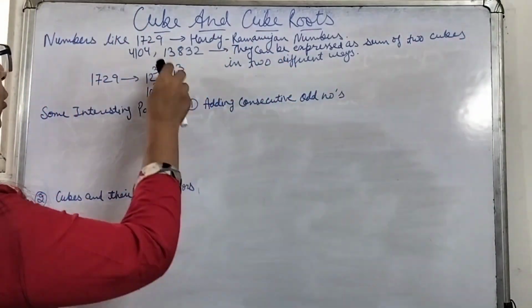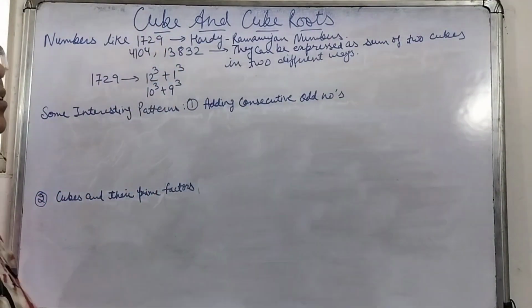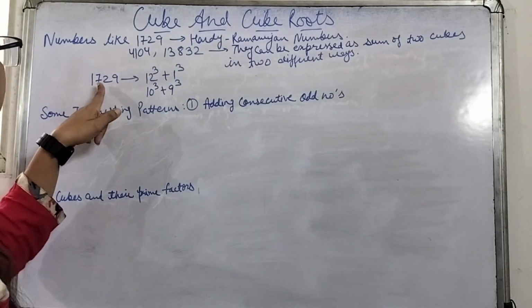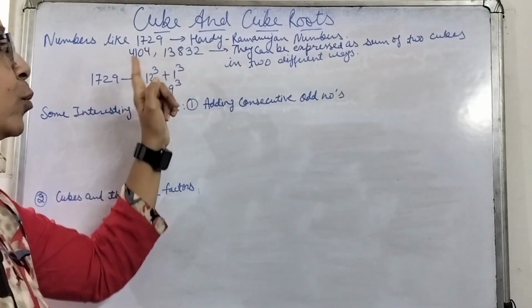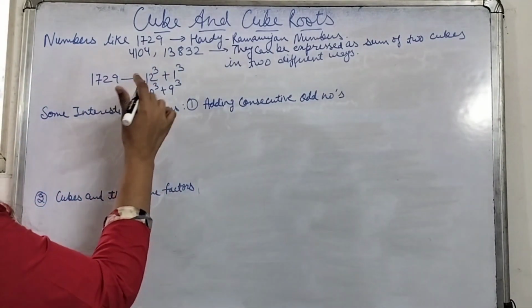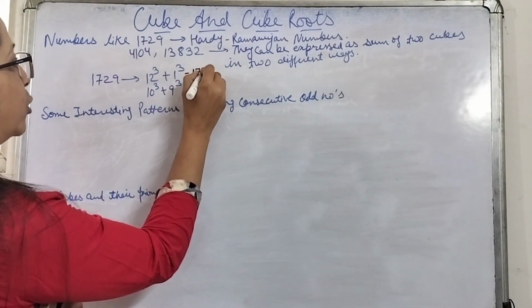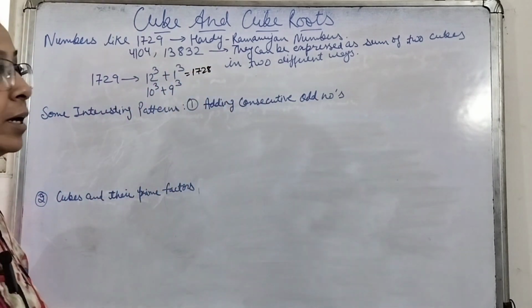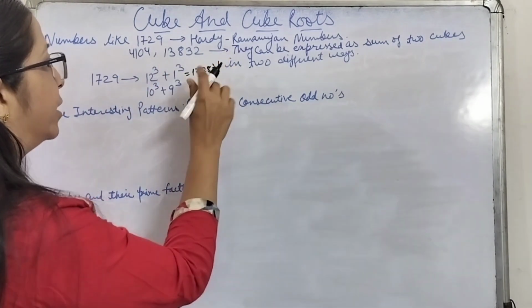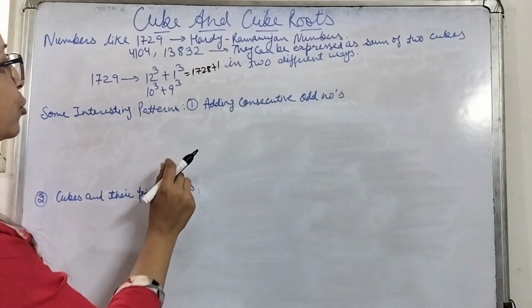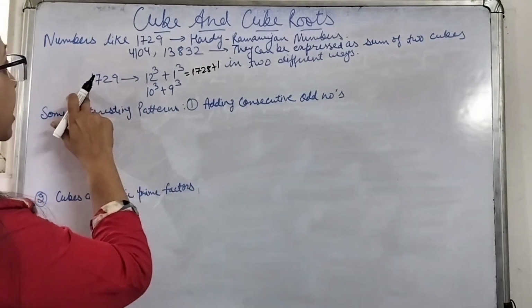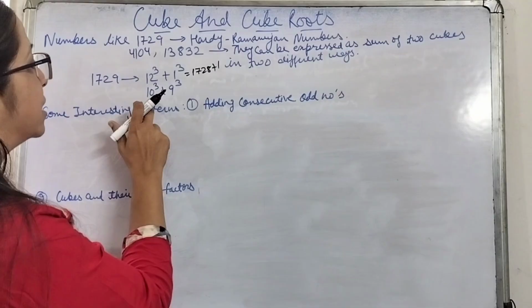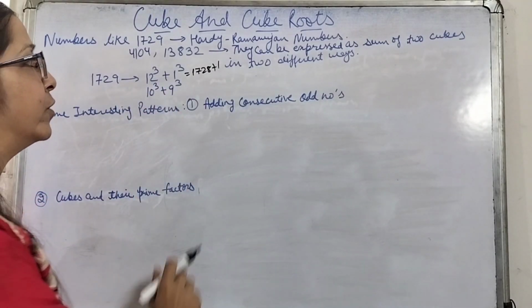That means if we take an example of 1729, 1729 could be written as cube of 12 plus cube of 1. 1728 is the cube of 12 and cube of 1 is 1. So if we add these two numbers, it will be 1729. Similarly, the same number could be written as cube of 10 plus cube of 9.